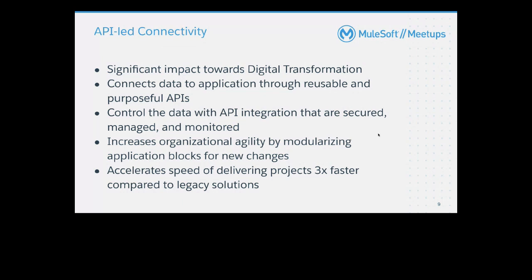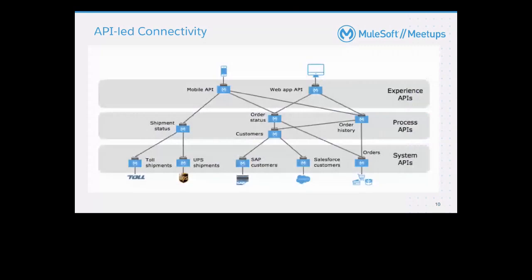So how does it look when you actually implement this API-led approach? It has three different layers: the system layer, the process layer, and the experience layer. The system layer is at the very bottom, which abstracts the data and functionality from the core systems and ensures that the provided data is aligned with the enterprise models. Just above the system API, there is the process API.